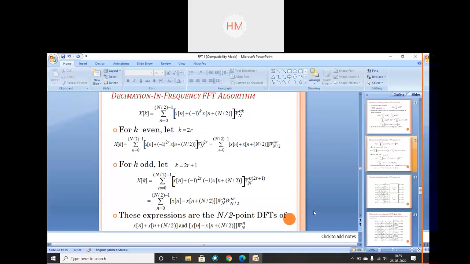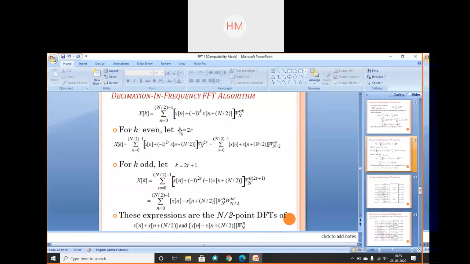Okay. So now this is the final equation. X of k equals the sum of x of n plus minus 1 to the power k, x of n plus N by 2, half terms and half terms divided, with twiddle factor W N to the power nk.